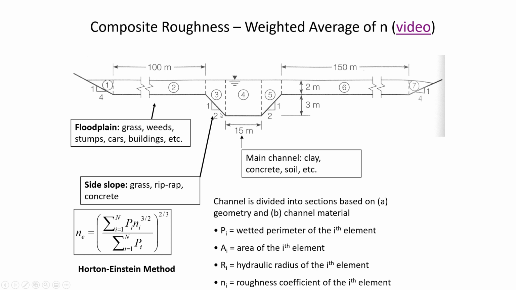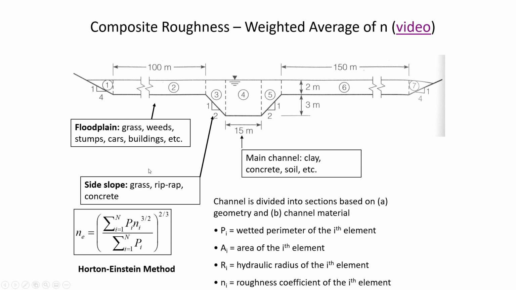Maybe it has riprap on this side of the main channel, natural soil at the bottom. So this formula is just a way of finding the composite n value if you're going to try and calculate the flow capacity of the overall channel. Then you'd need to find out which n value to use, because it's going to be different types of material at each section.